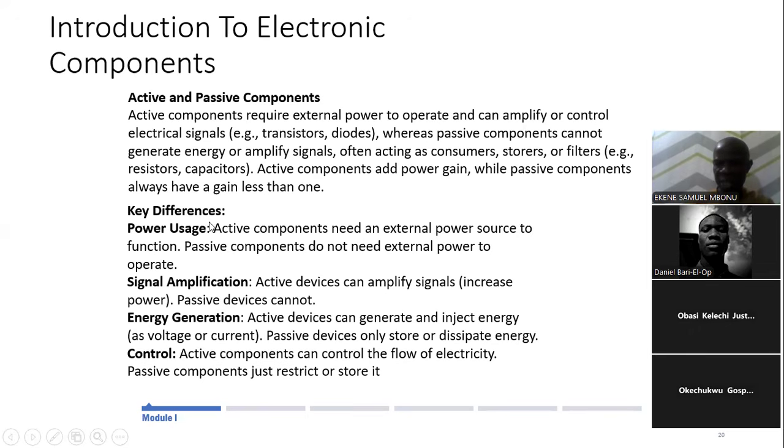Key differences. Power use: active components need an external power source to function. Passive components do not need external power to operate. For example, if you want to use an integrated circuit, an IC, you must power it.